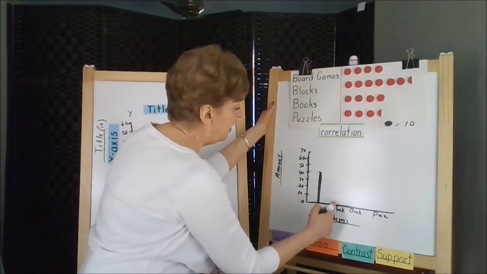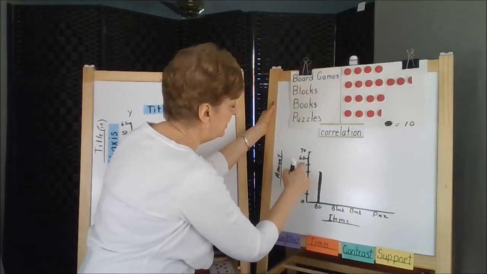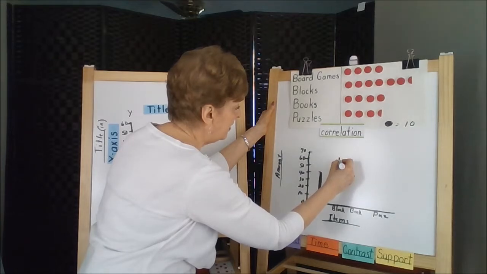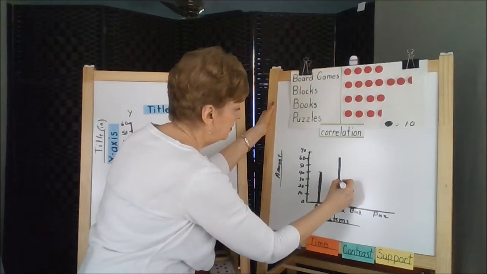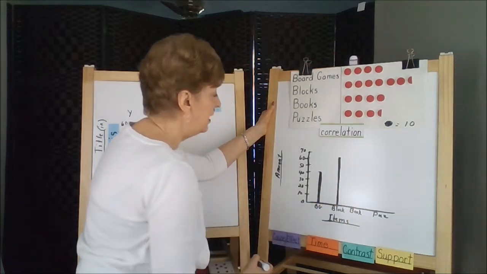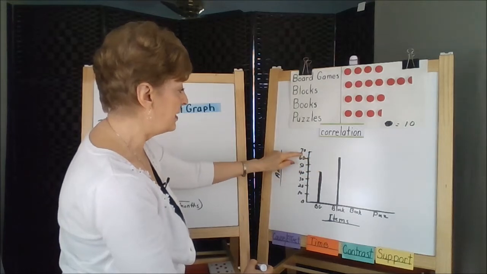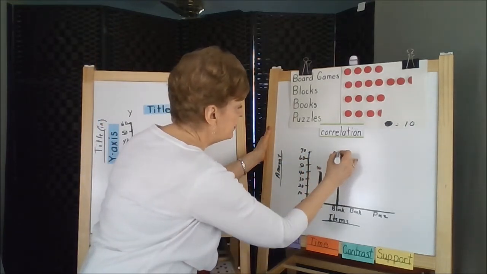So now I'm going to have to go in the blocks over to where I see 60 and 70. I'm going to go between it and make my line there for the blocks, because the correlation between the blocks was only 65. So this one's going to be 40. That one's a 65.